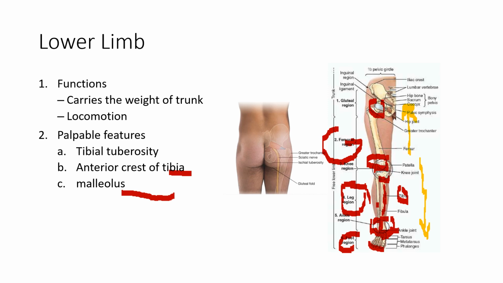On the lateral side, that little bump has 2 names: lateral malleolus, which tells you it's on the outside, or fibular malleolus, which tells you this bony mass sits on the fibula.